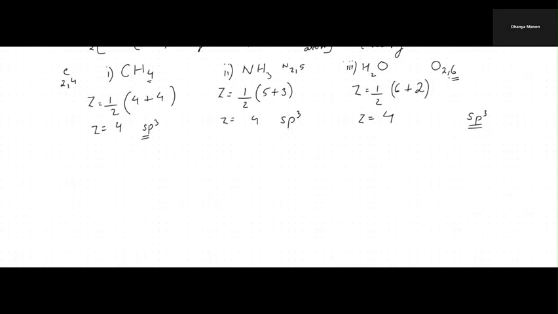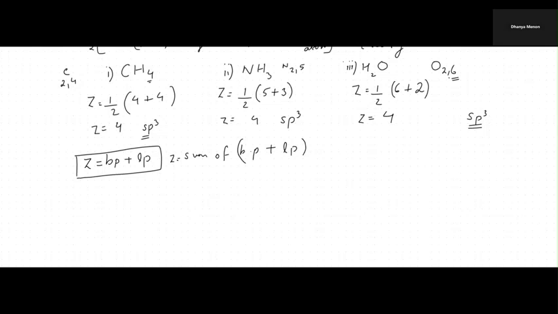Now, the Z value is equal to the number of bond pairs plus lone pairs. Always remember, Z value is the sum of bond pairs plus lone pairs.